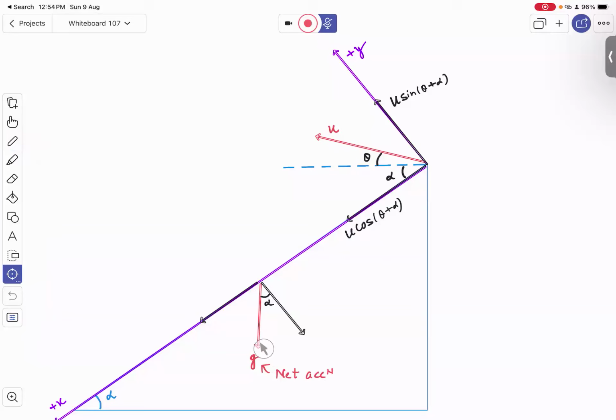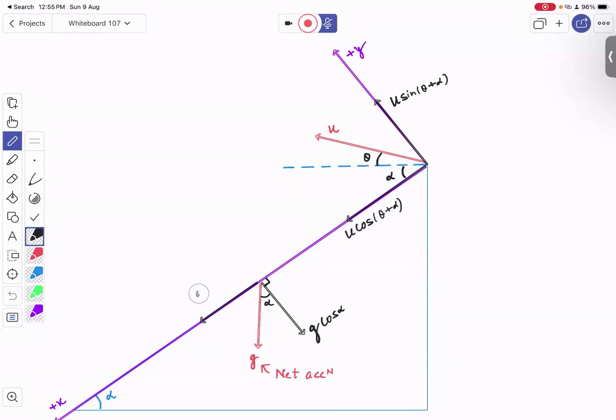To find the effect of that displacement along y, you will find the component of that vector along y. So the component of g that comes in the direction perpendicular to the inclined plane is g cos alpha, and that is in the direction opposite to plus y.